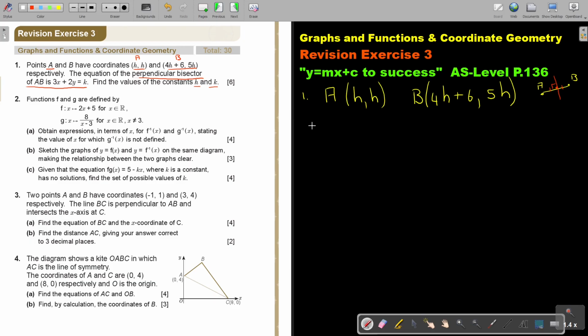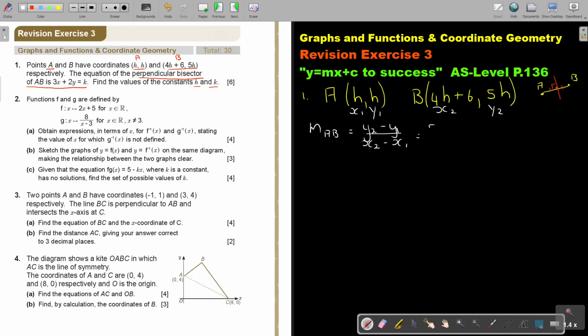This is x1, y1, and this is x2, y2. The gradient is y2 minus y1 over x2 minus x1.